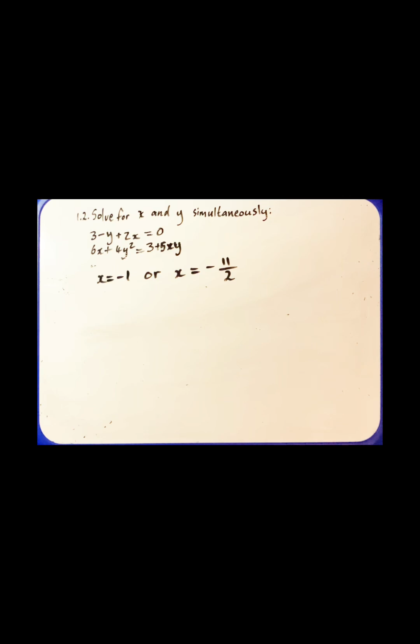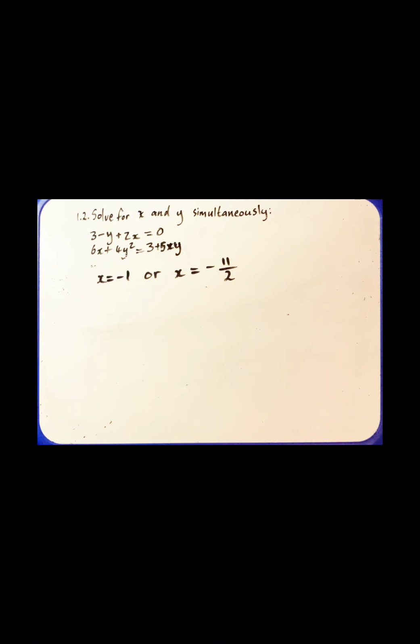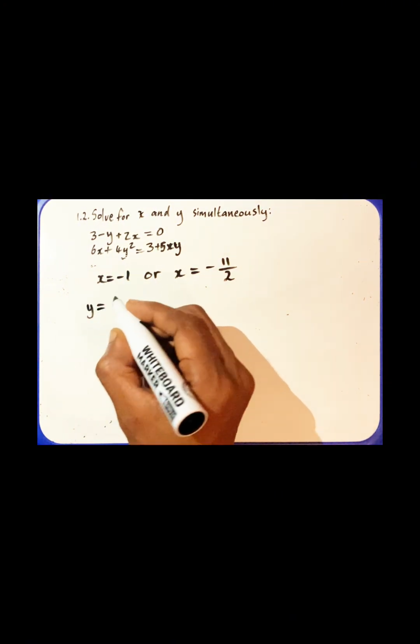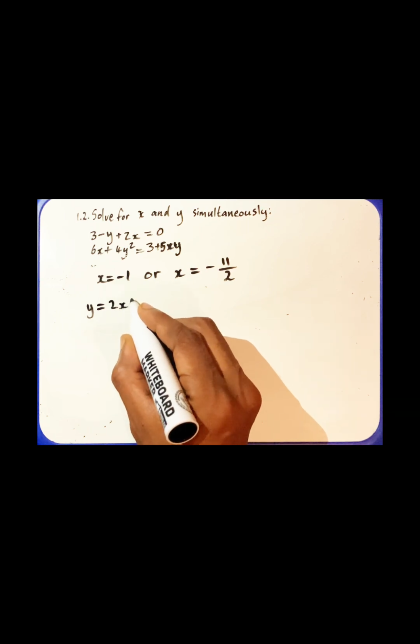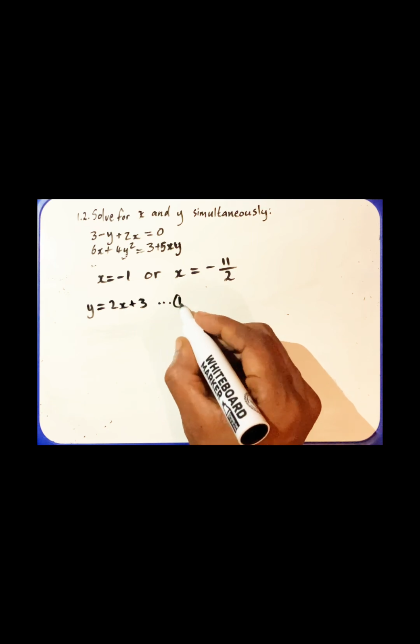Now that we have solved for our x, we know what our x is: negative 1 or negative 11 over 2. Now remember our equation 1 was y equals 2x plus 3. That was our equation 1.